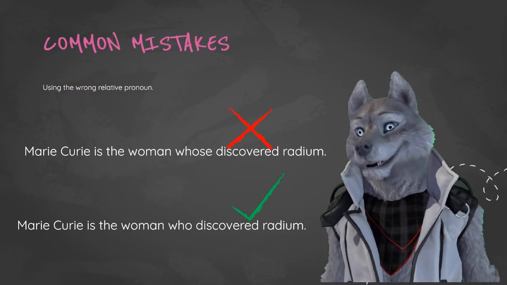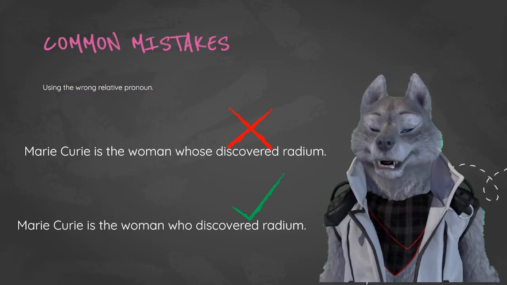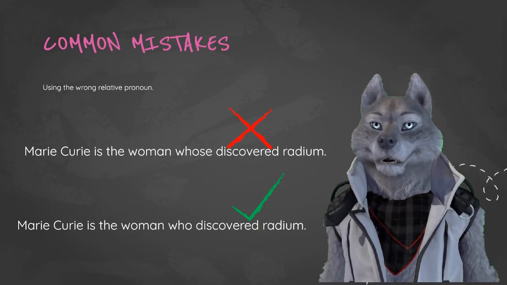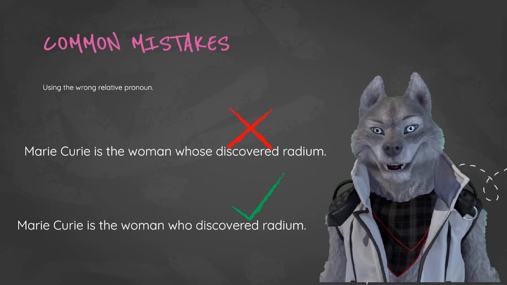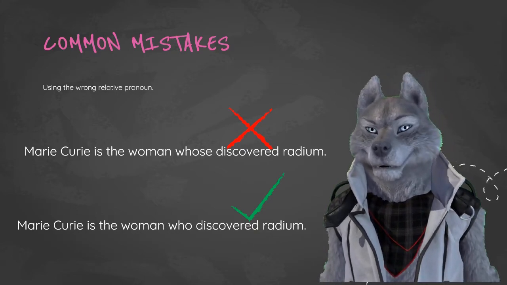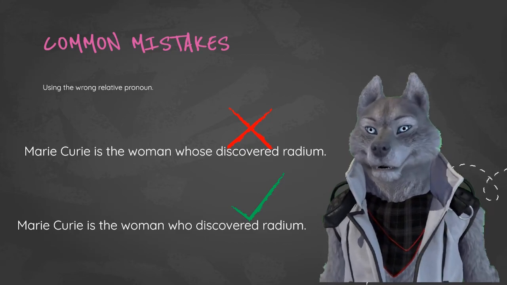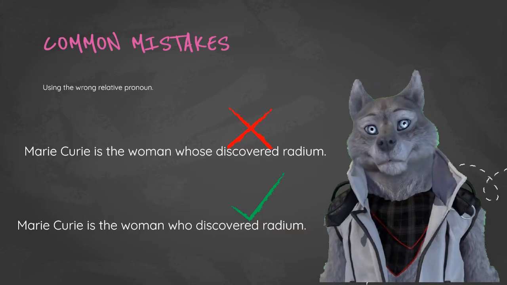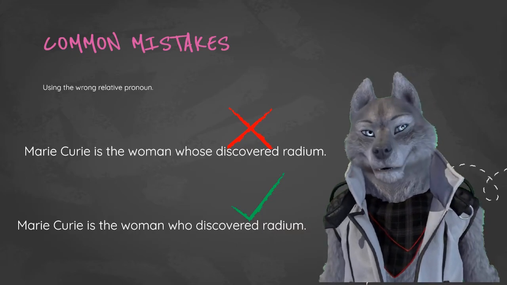Now, on with the mistakes. Typical mistake number 1, using the wrong relative pronoun. For example, Marie Curie is the woman whose discovered radium. Yeah, whose is for possession, not for making a connection with a person. We have to say Marie Curie is the woman who discovered radium. You see, using the correct relative pronoun is important.